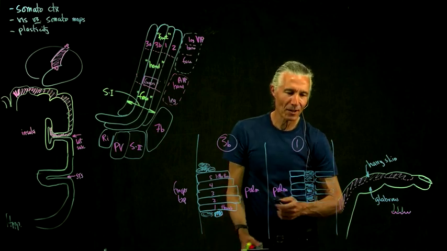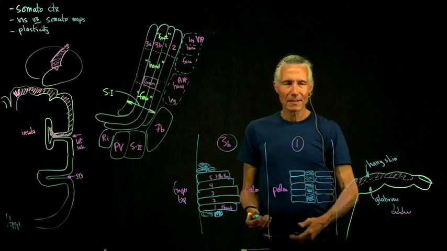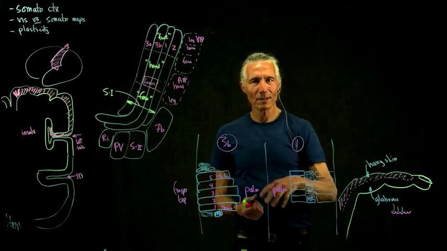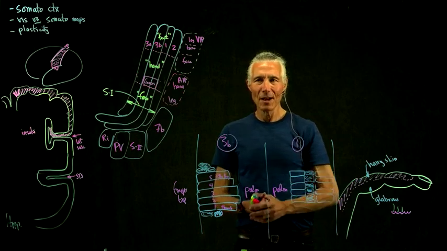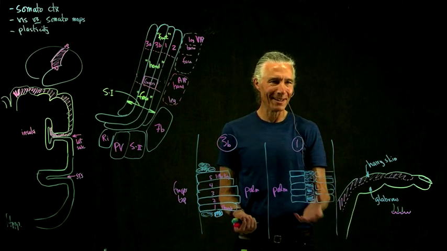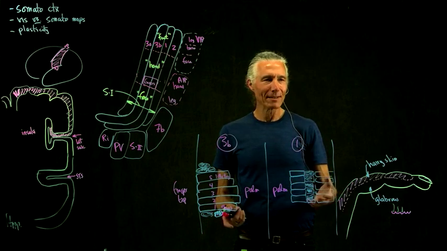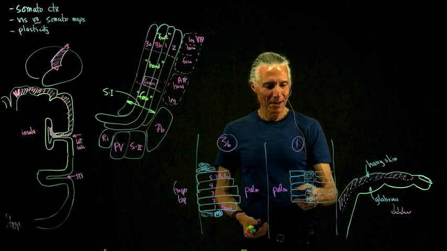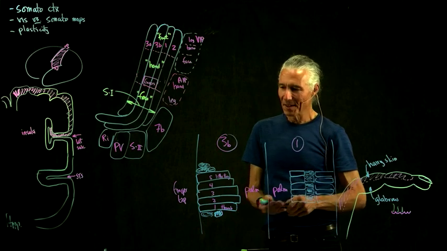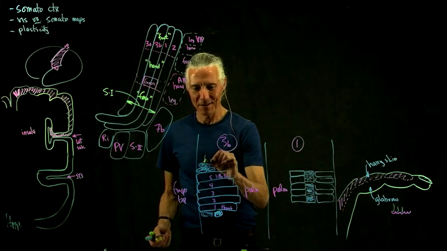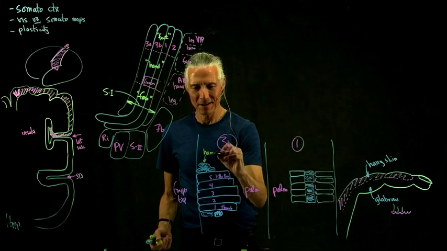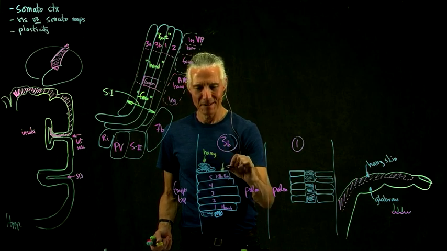And the same thing occurs in the foot. If you look at the representation of the foot, you see the same thing. We have no idea what this is for. It's very clearly present in all primates. Somehow area 1 has taken this hairy part, and this is glabrous, meaning no hair.